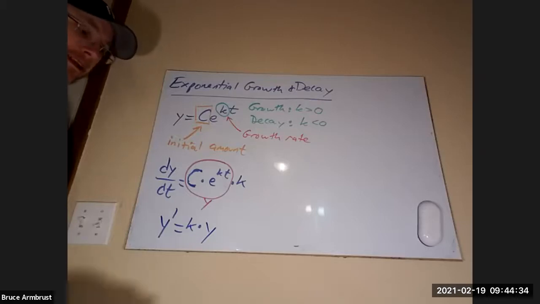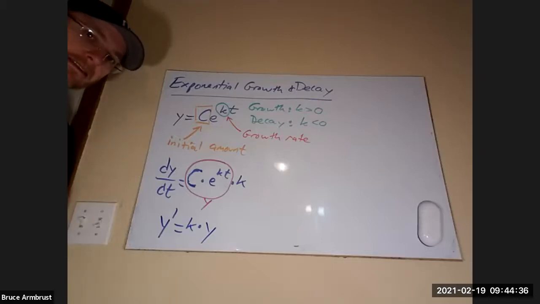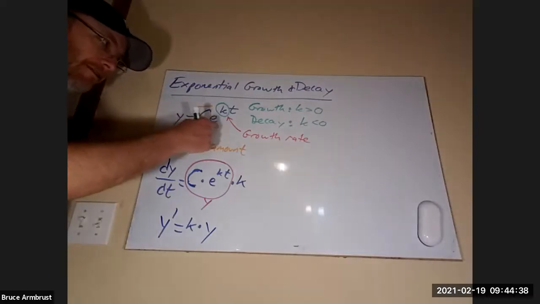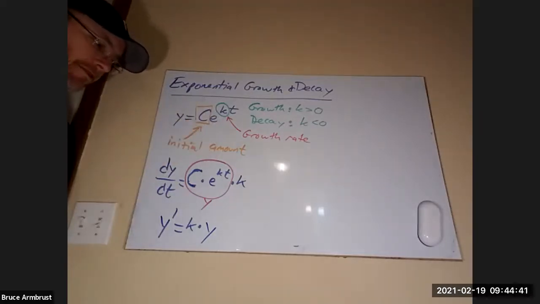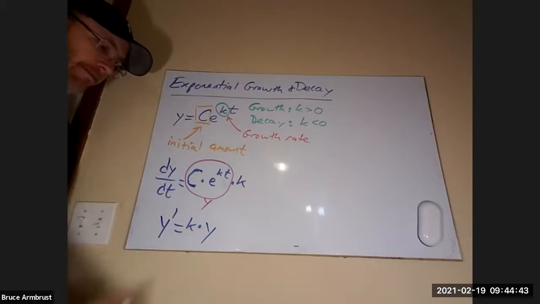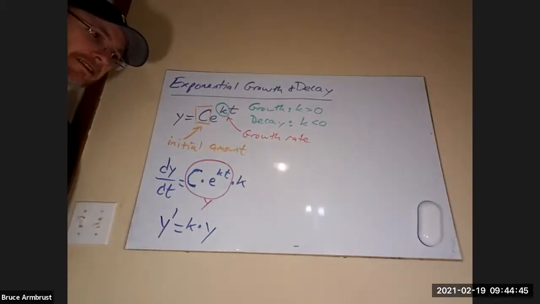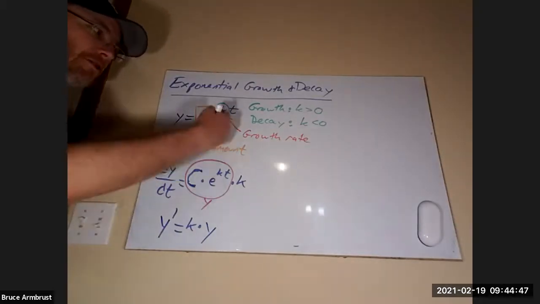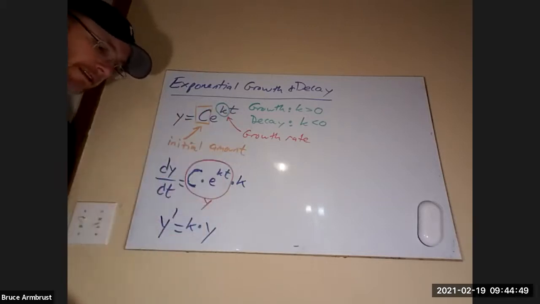All right, so fun fact, the derivative of something that follows exponential growth is just a multiple of that original function. And in fact, it's the growth rate times that.